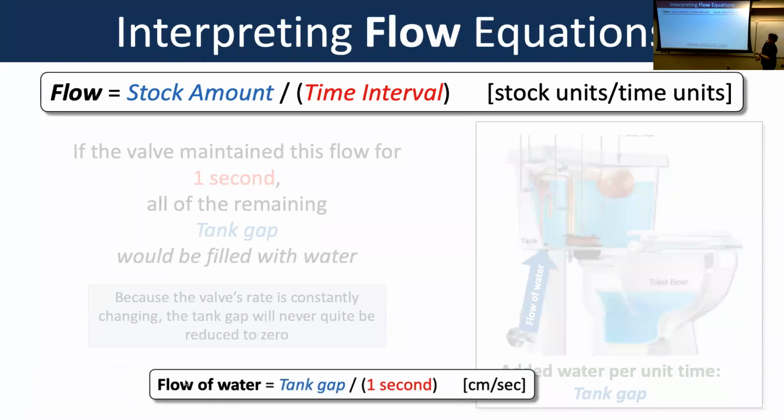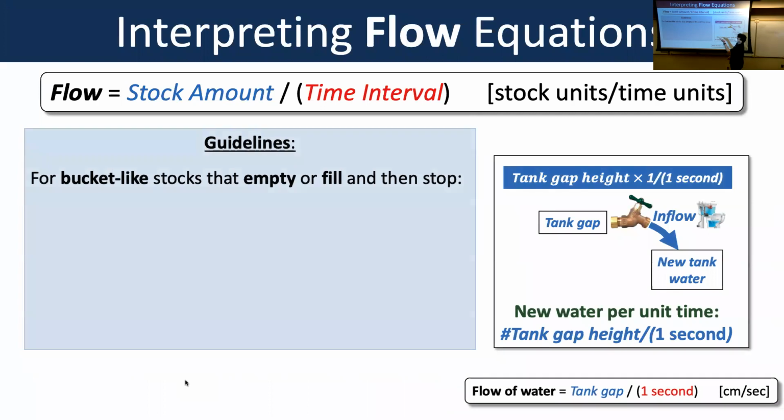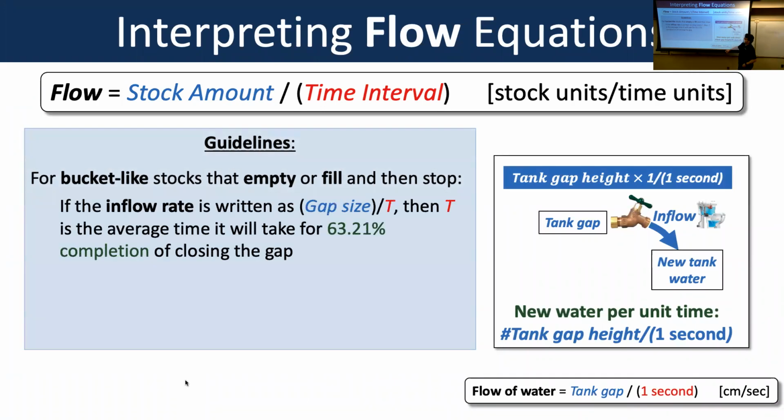So the guideline for these types of systems, in bucket-like stocks that empty or fill and then stop, is that the inflow rate is always written as a gap size divided by T. Now here's the weird part. T, this is how we get from data, is the average time it will take for 63.21% completion of closing the total gap.